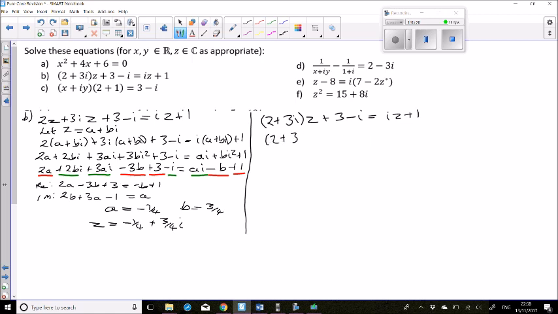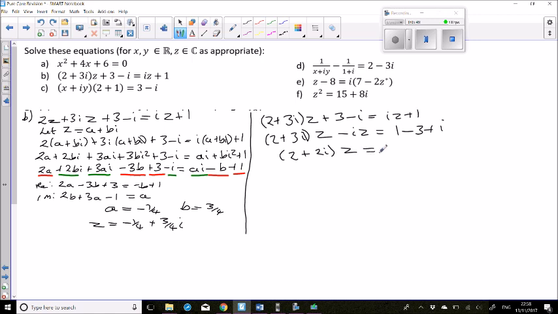So that gives me (2 plus 3i) times z, take away iz equals, it's going to leave 1, subtract (3 plus i). Simplify this side a bit, so that's the same as (2 plus 2i) times z.